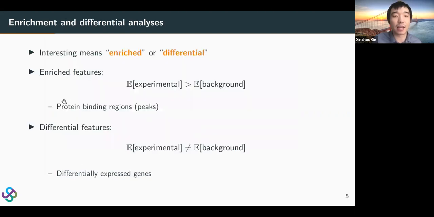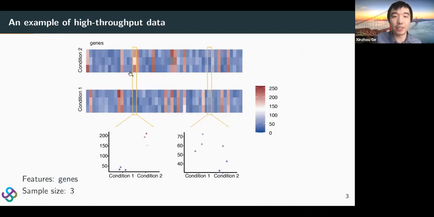Another category of interesting features is called differential features. These are features that have different values between the two conditions, so they can have larger values in either the experimental condition or the background condition. For example, this gene has higher values in condition 2, and this gene has higher values in condition 1.